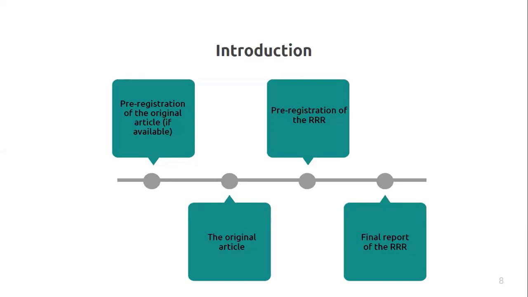So many of the older studies were not pre-registered. This is followed by the original article. You have to read the original article, the pre-registration of the registered report of the RRR, and eventually the final report of the RRR.